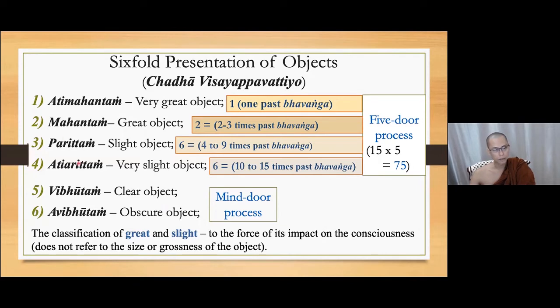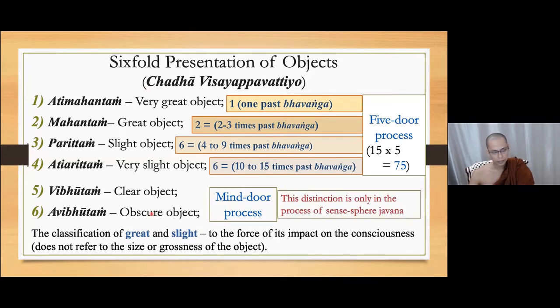So altogether, for the 5-door process, 4 objects, and for the mind-door process, 2 objects. Altogether we get the 6 objects. So coming into the venue of the mind, they become altogether 6 Visaya-patti, the 6-fold presentation of the objects.